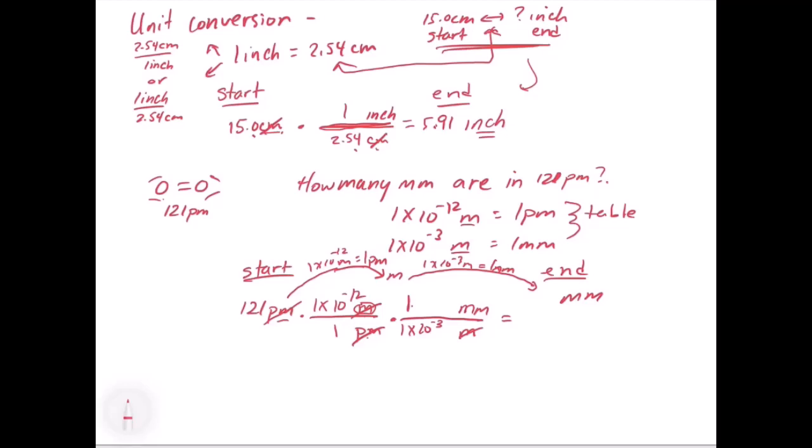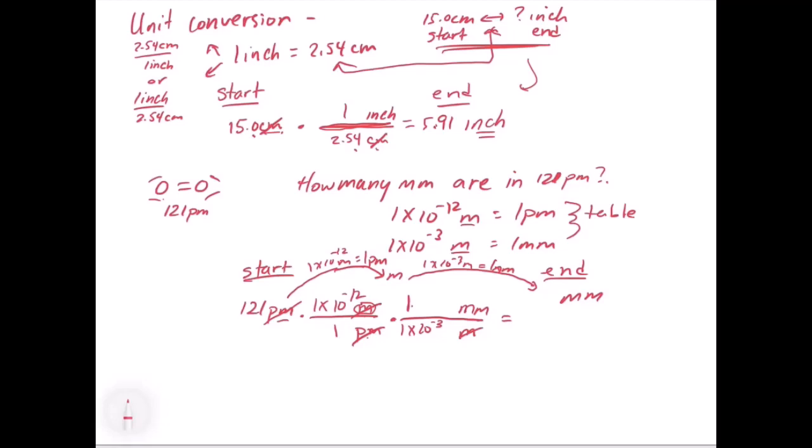And then we can do our calculation. In your calculator, you're going to plug in 121 times 1 times 10 to the minus 12 times 1. You don't have to do the 1. So we basically multiply everything on top, and then in your calculator, you're going to press divide for everything on the bottom.